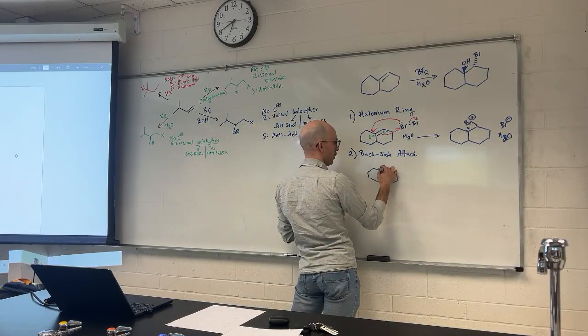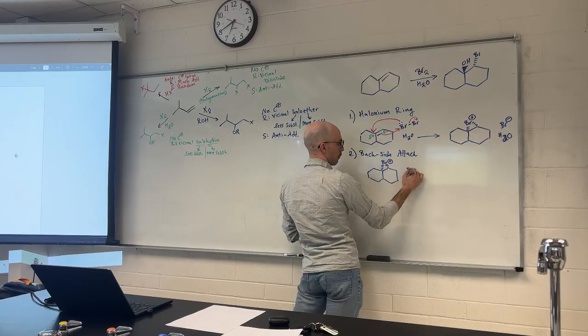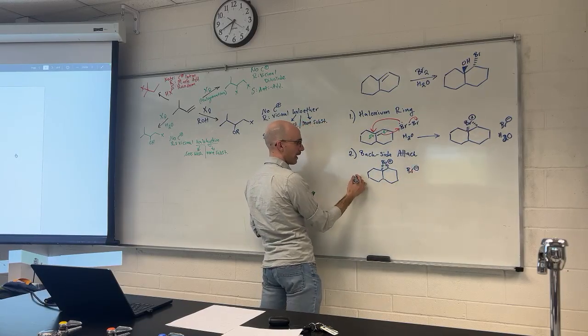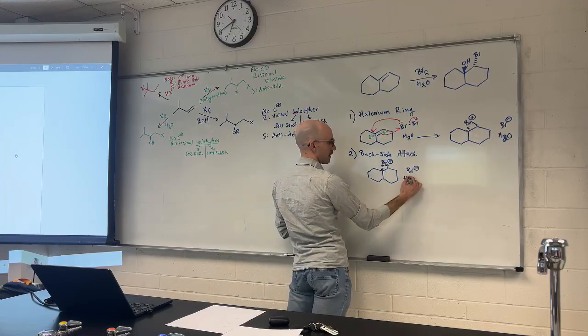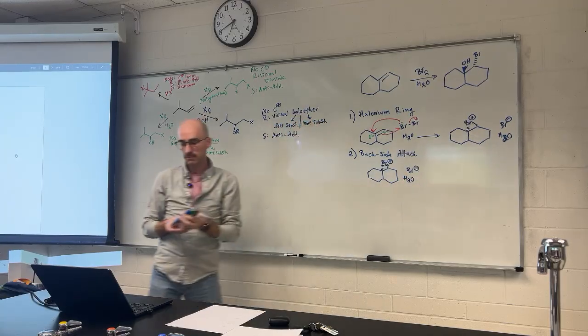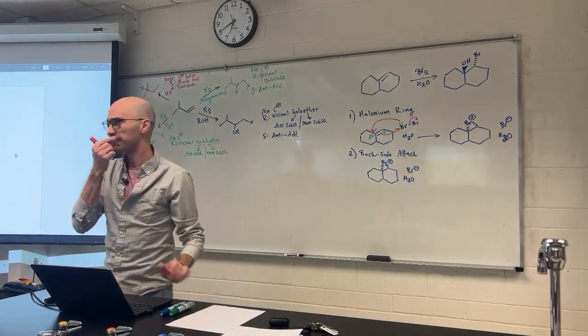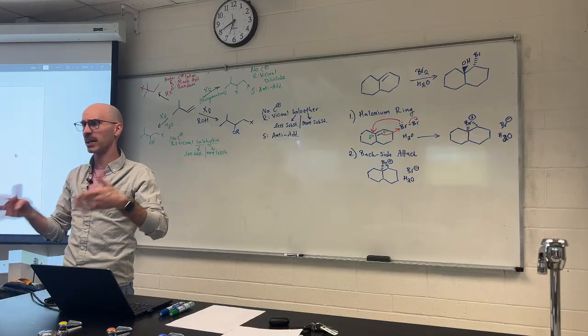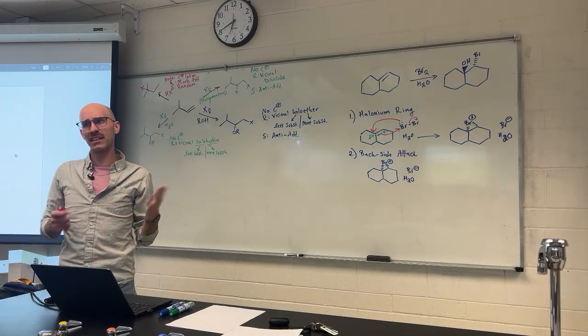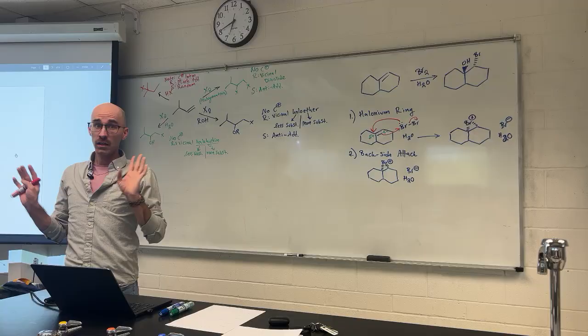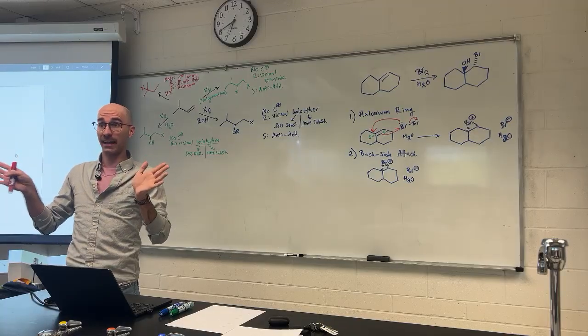All right, so I've got my bromonium ring. Bromide does not play a role here, but instead water will. I get this a lot, which is if bromide was able to react in halogenation, why doesn't it react now? In all reality, it can.